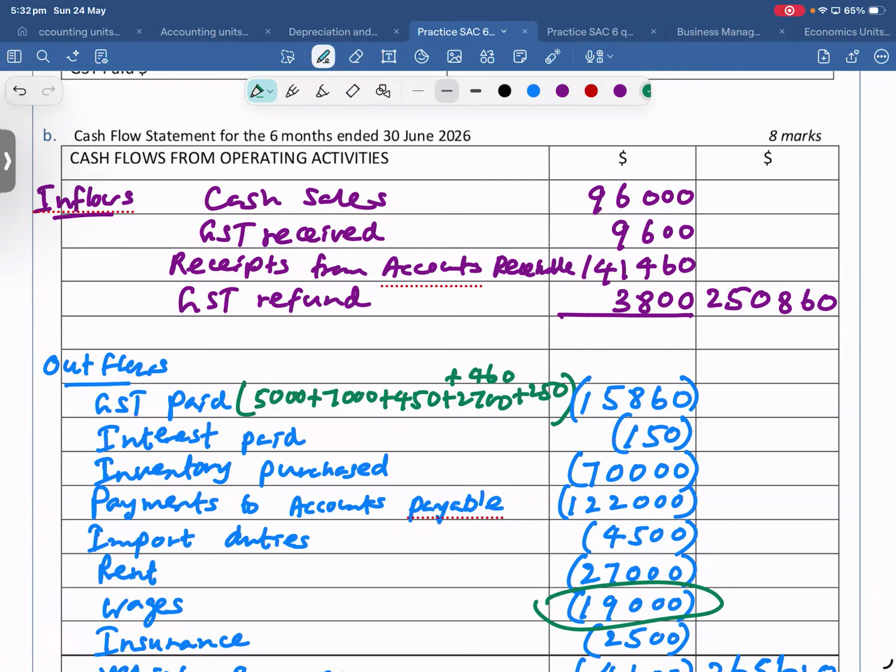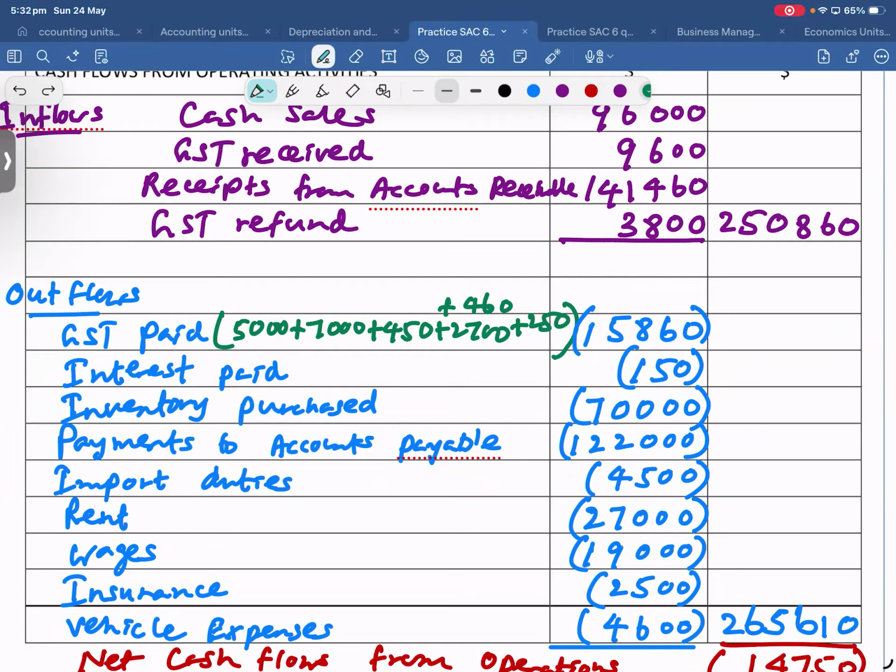Okay, this one. Now assume, so rent is 27,000, yes? If the question says 7,000 of this one was prepaid in the previous period, now what do you do? Make sense? Yeah, then you don't record. So how much is the rent then? 20,000.